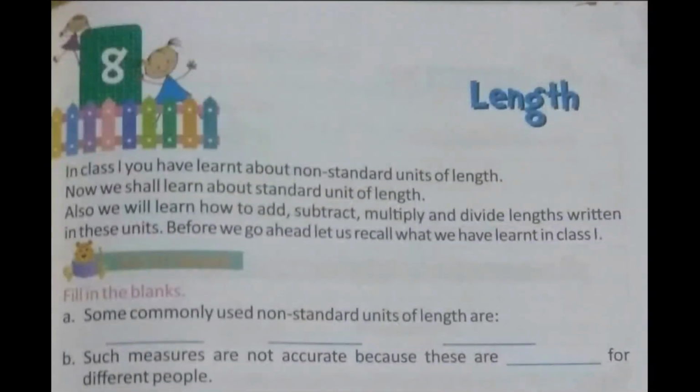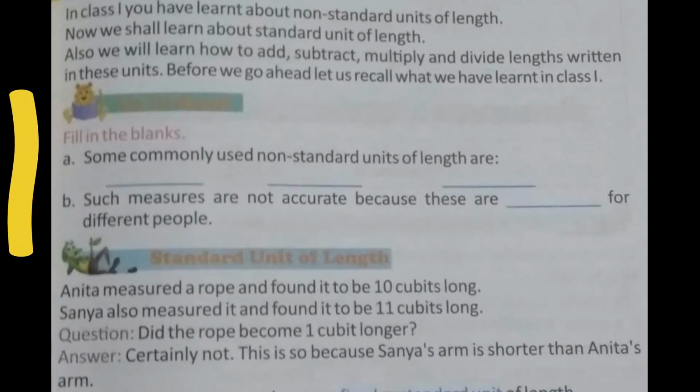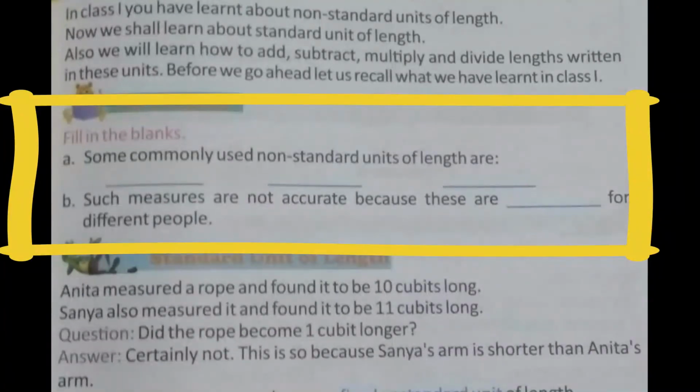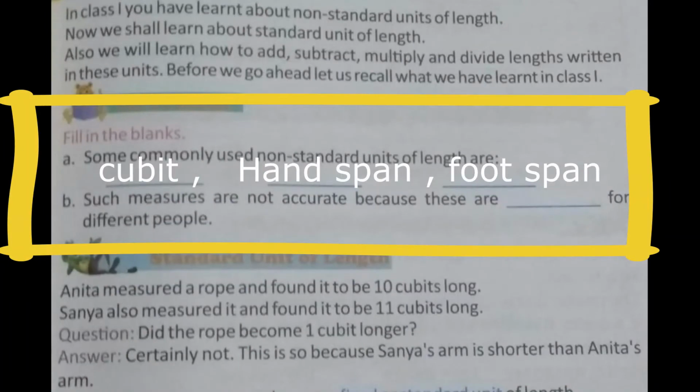Fill in the blanks. The first one: some commonly used non-standard units of length are... Come on, recall what you have studied in your previous class. Yes, it's cubit, hand span and foot span.